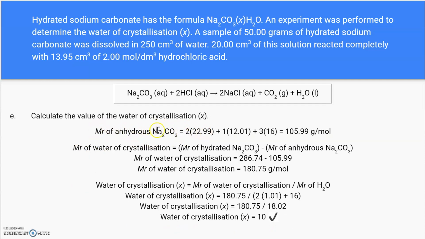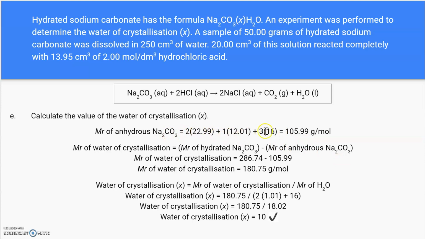With this, it's pretty easy. We just follow standard procedure to figure out the molar mass of a compound. We take the subscript of sodium, which is 2, and multiply it times its molar mass, which is 22.99. We take the subscript of carbon, which is 1, and multiply it times its molar mass, which is 12.01. And we take the subscript of oxygen, which is 3, and multiply it times its molar mass, which is 16.